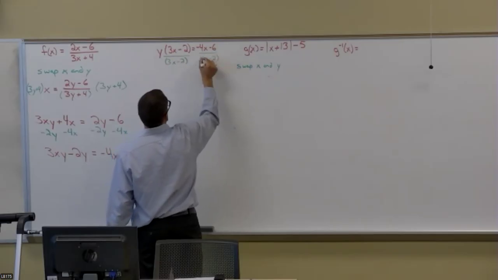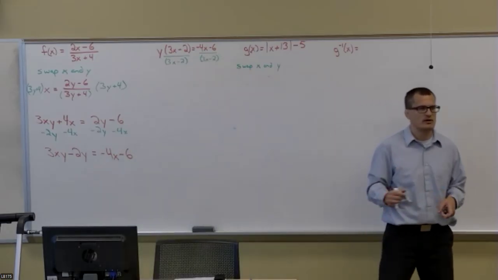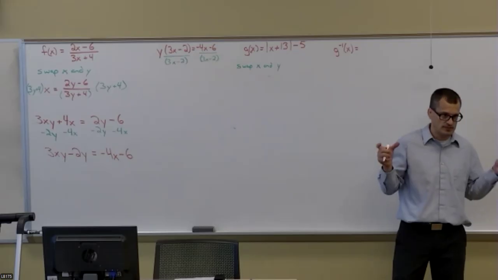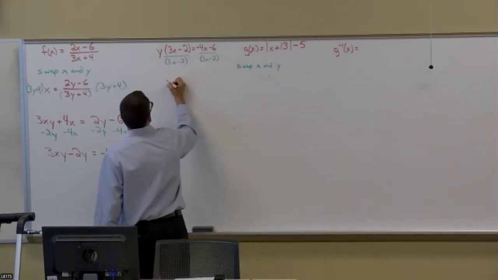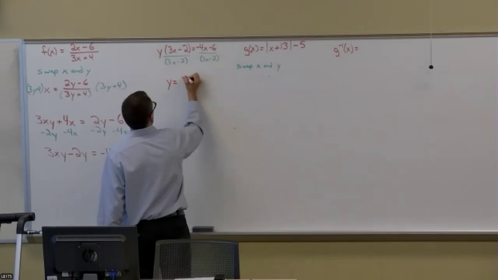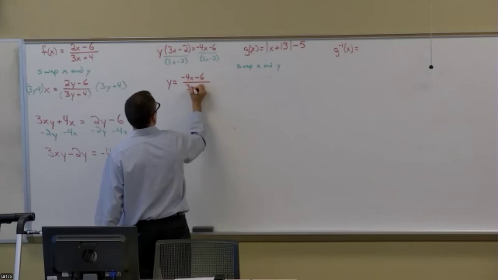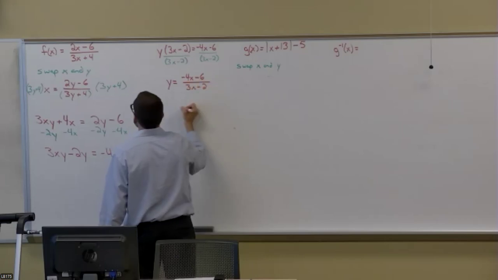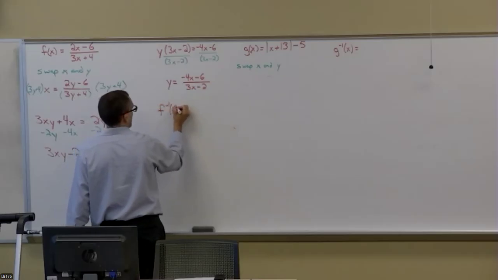But you have to divide by it as a single quantity. You can't divide by 3x and then divide by 2. You have to divide by the whole expression, 3x minus 2. So what we get is y is equal to a fraction whose numerator is negative 4x minus 6 and whose denominator is 3x minus 2. And that's what the inverse function of f is.